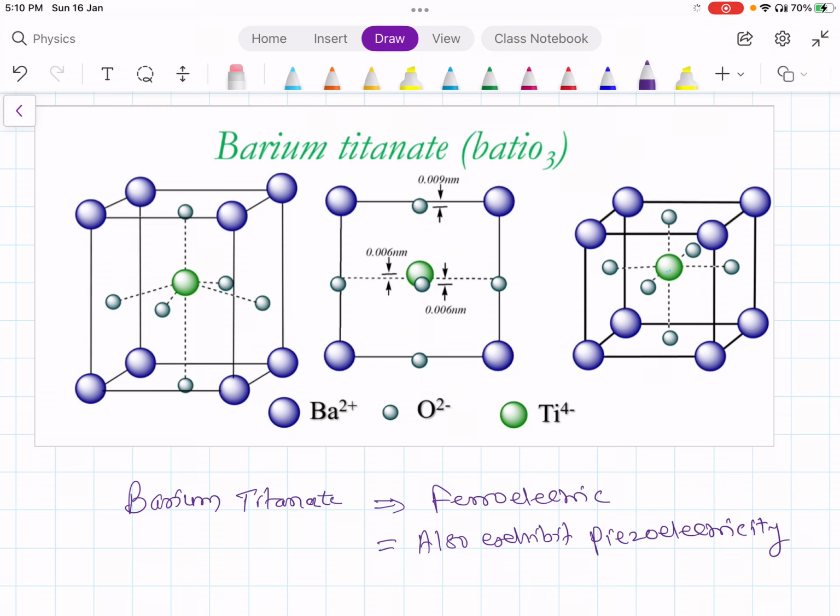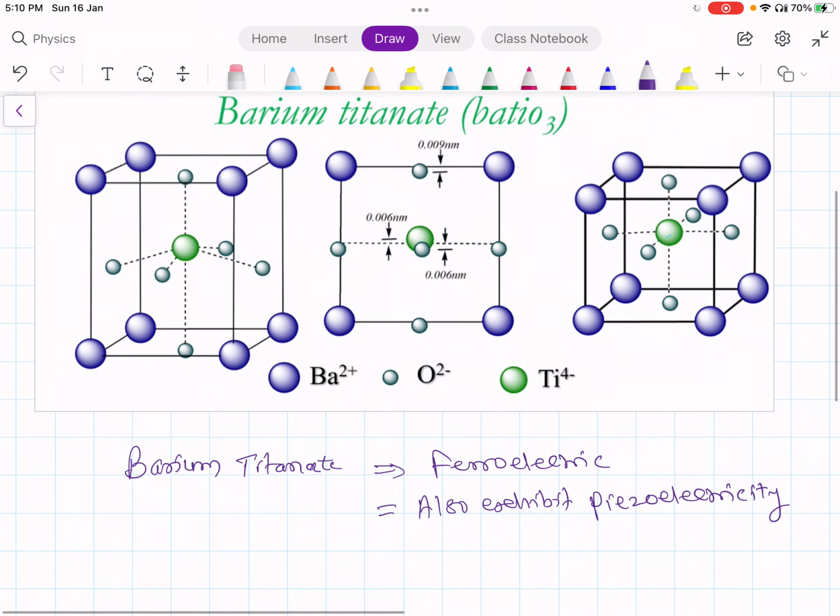Let us first try to understand what is ferroelectric or what is piezoelectric or what is dielectric. What is the dielectric material?